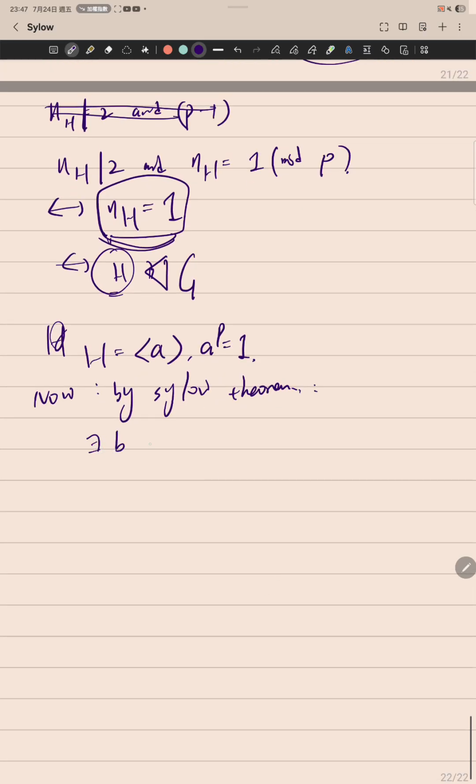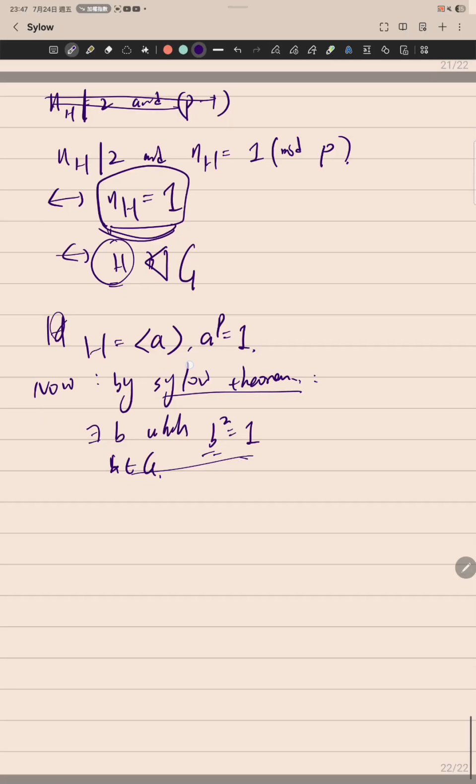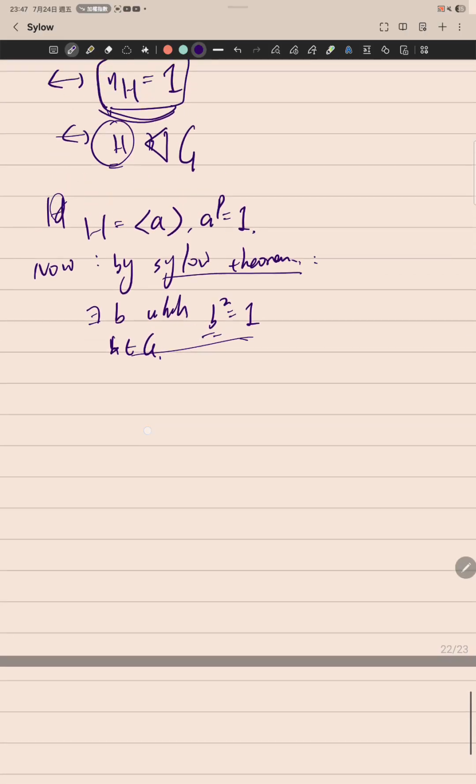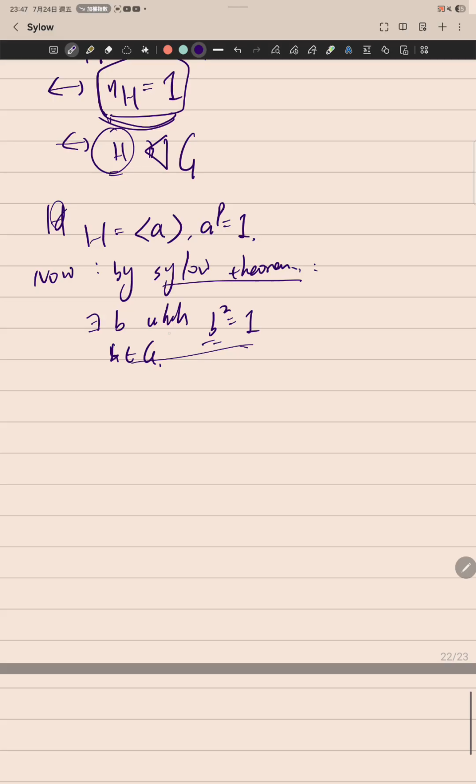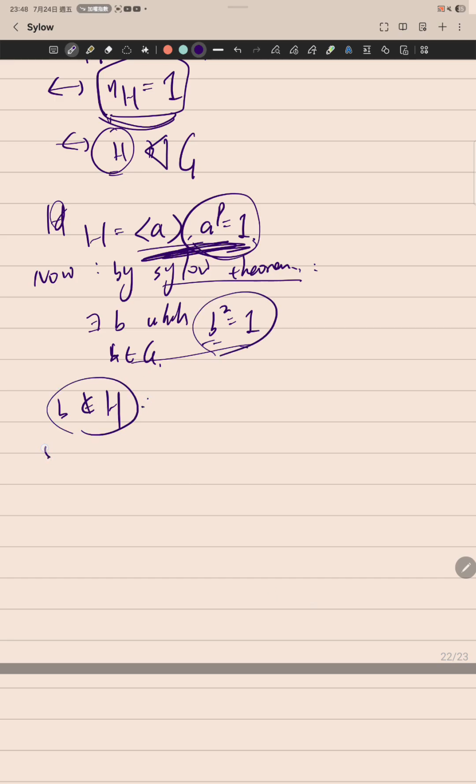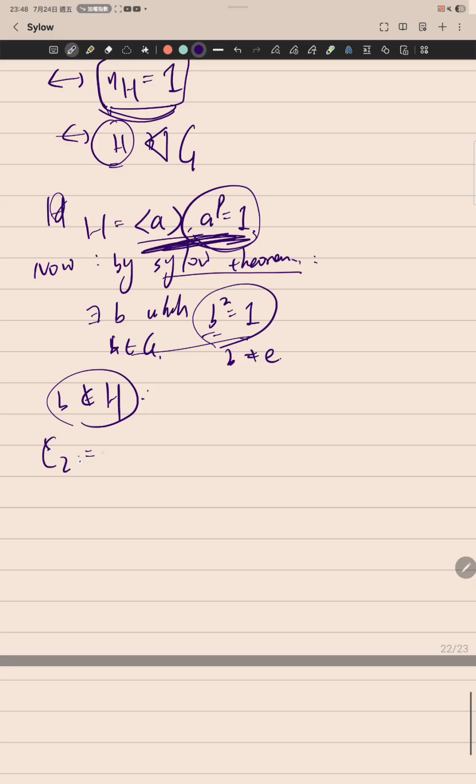So there is a B in the group G, and B squared is 1. So definitely B is not in H, because every element of H has odd prime order, but B has even order, and B is not the identity. So let me define C2 to be the group of identity and B, and H is the identity, A, A squared, up to A to the p minus 1.